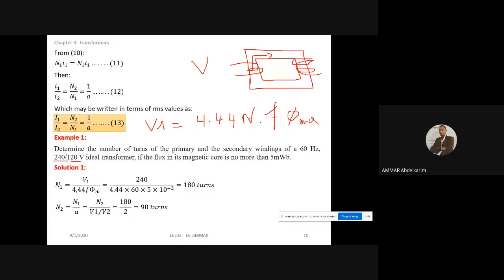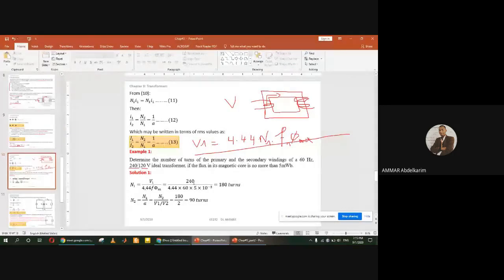So here we have N1, the frequency, which of course is the same. The transformer always keeps the same frequency and almost the same power, if we do not consider the losses, and phi max. So using this expression, N1 equals V1 over 4.44 f phi max.